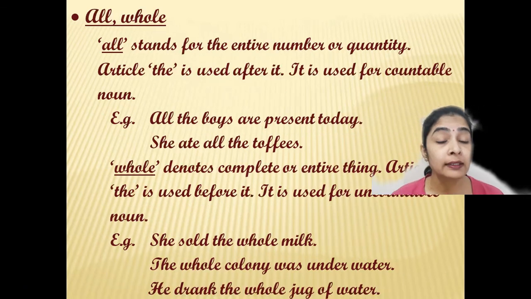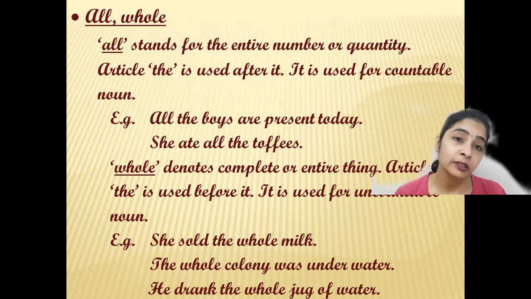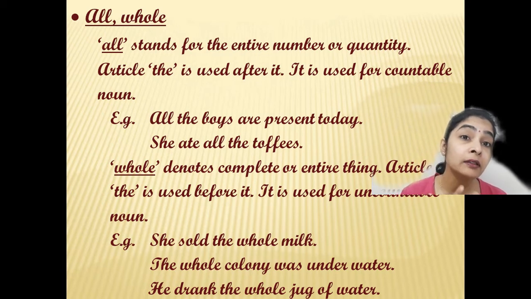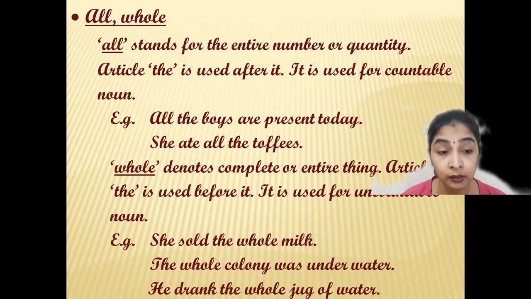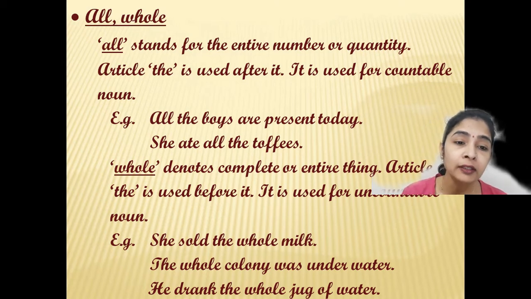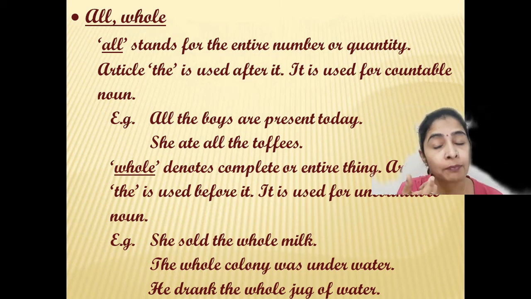Okay, next, all or whole. Now all also gives the sense of being complete, the complete quantity, and whole also gives the same meaning. Now there is a very minute difference in these two. All stands for the entire number or quantity.